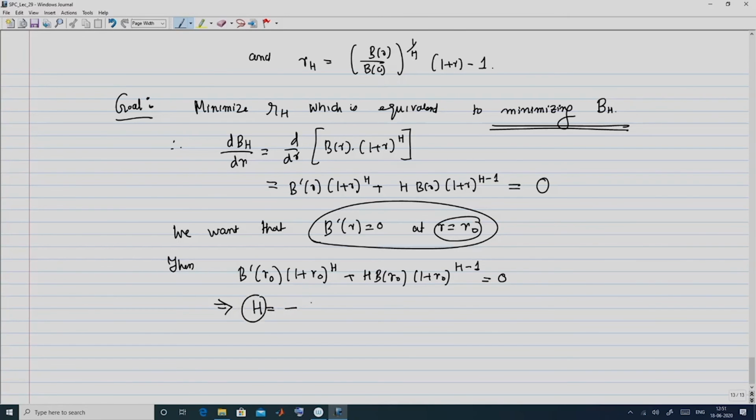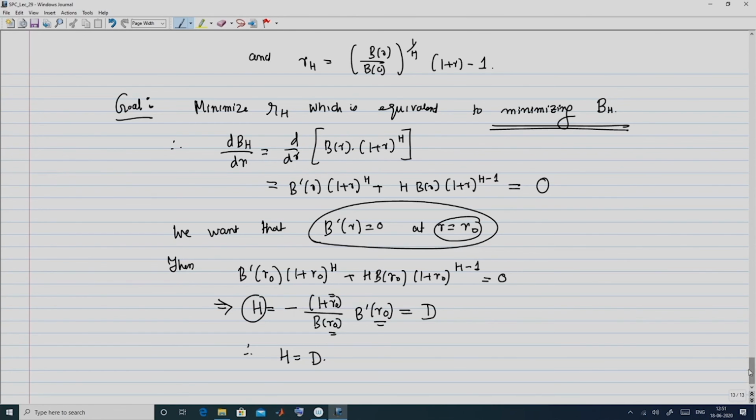So, we solve for h and obtain that h is equal to minus (1 plus r naught) divided by B of r naught into B prime of r naught, which is nothing but the duration of the bond at the initial time when the interest rate was r naught. And hence, we have h is equal to D.